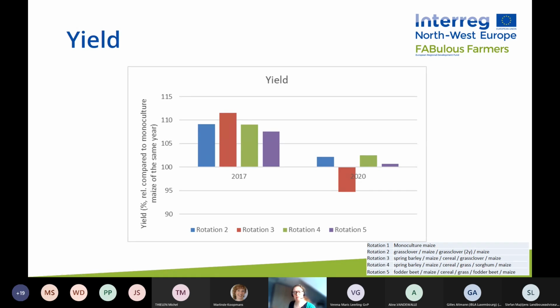We also had difficulties in 2020 with the formation of the crust in the maize, and that might be the explanation of this negative result in rotation 3, but that has to be explored more.